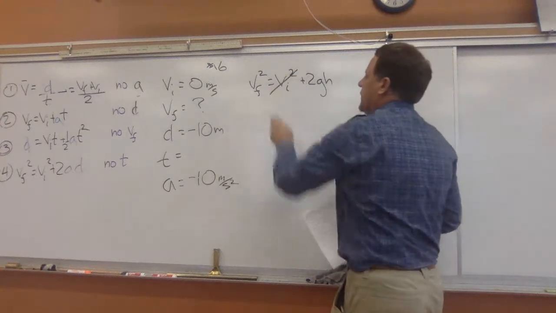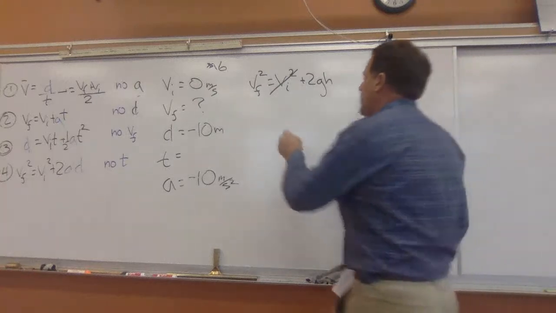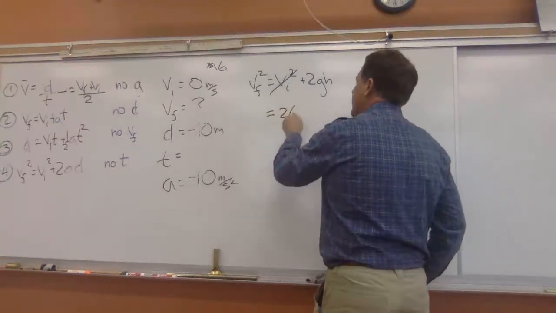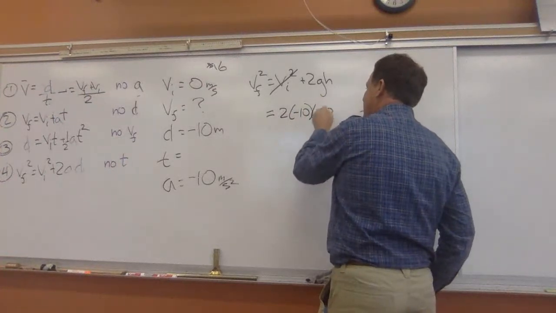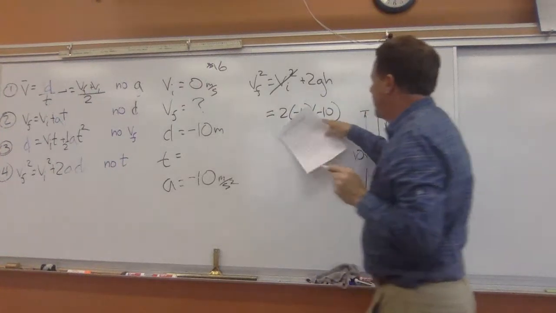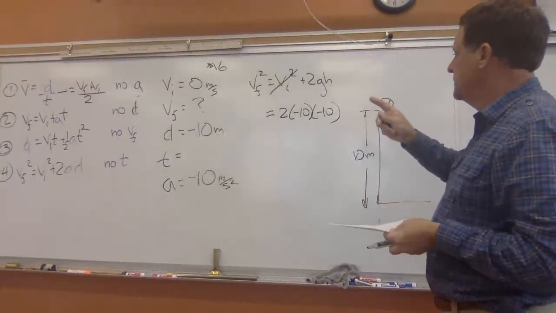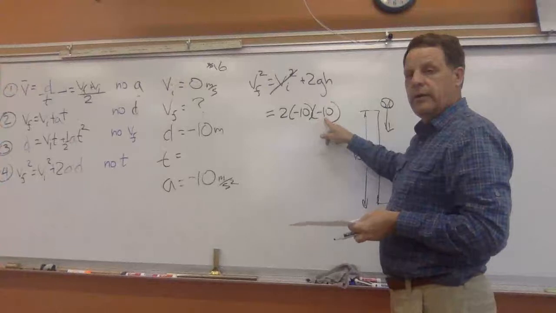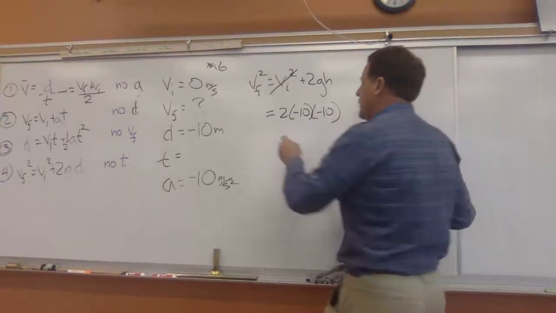I'm also going to cross out that V initial squared because it's 0. So now I can say that 2 times -10 times -10 is positive 100. -10 times positive 100 times 2 is 200.